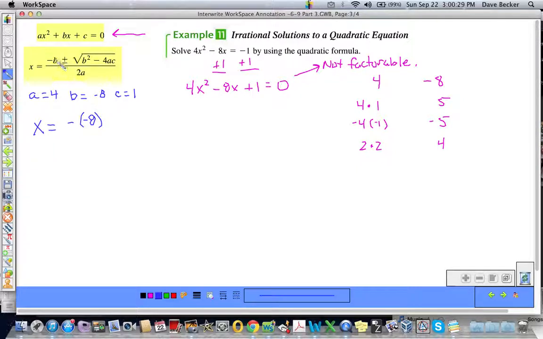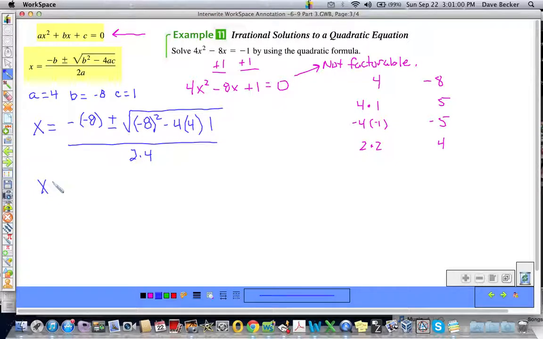Okay, I'm replacing the b. The negative is always going to be there, so make sure you use parentheses when you need to. Plus or minus the square root of b squared. So again, parentheses here, don't forget those. Negative 8 squared minus 4 times a, which is 4, times c, which is 1, all over 2a, so that's 2 times 4.